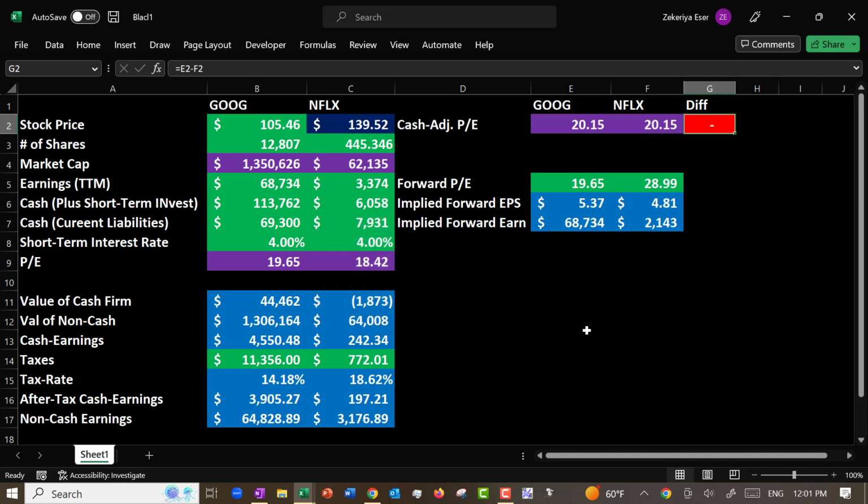So based on forward PE, in fact, Netflix should be even less valuable.